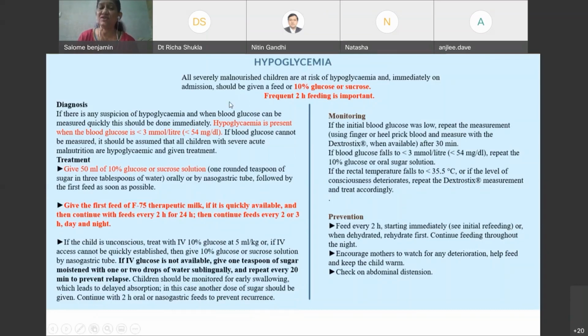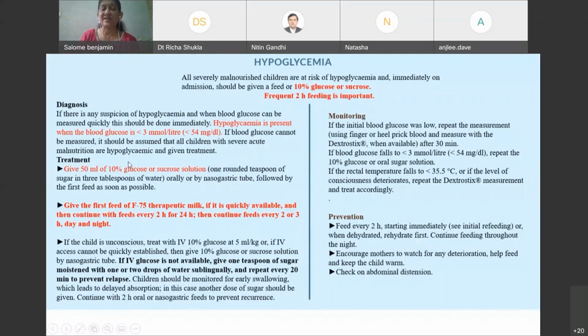Therefore it is very important to give 10% glucose or sucrose 2 hourly while they are waiting, either in the ward or in the OPD, or even while you are taking them down. The nurses should manage giving them glucose. When blood glucose is less than 3 millimol, or 54 milligram, you will continuously give glucose.